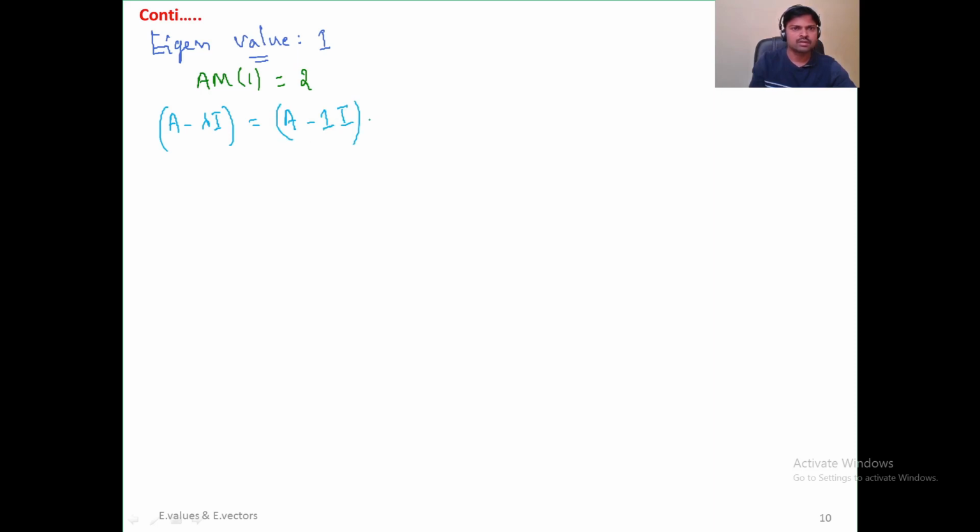What is matrix A? [1 1 0; 0 1 0; 0 1 2]. This is matrix A minus 1 into the identity matrix [1 0 0; 0 1 0; 0 0 1]. And what is this now? [0 1 0; 0 0 0; 0 1 1].